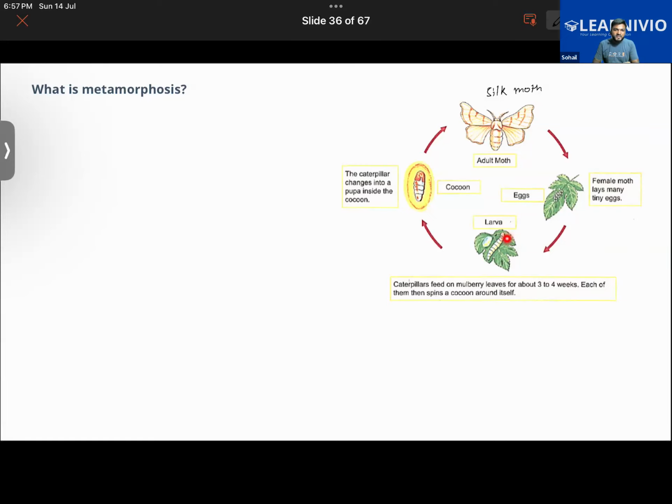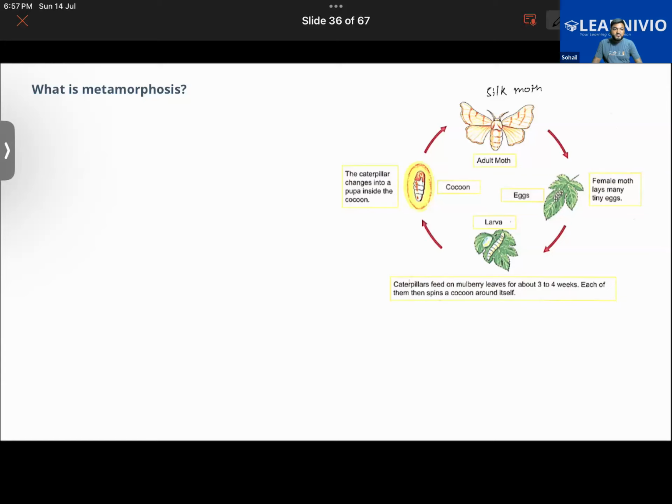So here we see that their body parts and the whole organism are different at different stages, isn't it? Yes. Right, so it's a biological process by which an animal physically develops and goes through some transformations. So that is the thing.